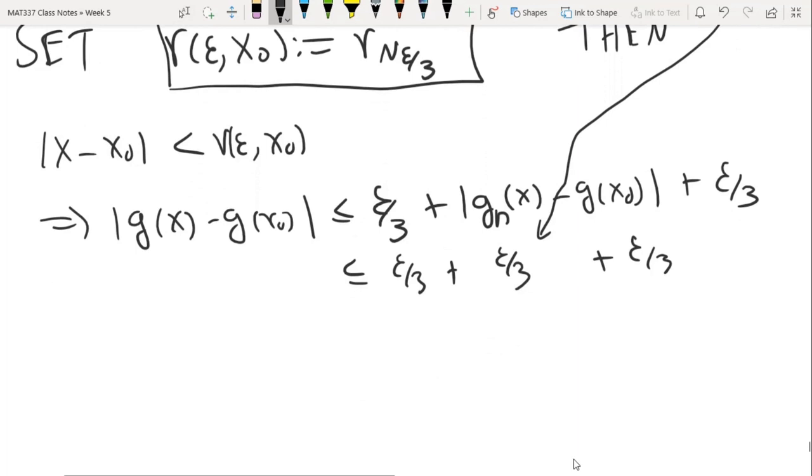And this is epsilon over 3, they sum to epsilon. Any comments, questions? Is that okay? Anything? Sure.